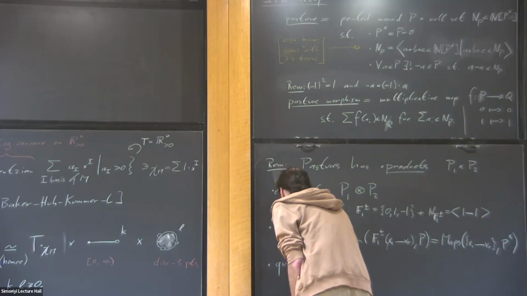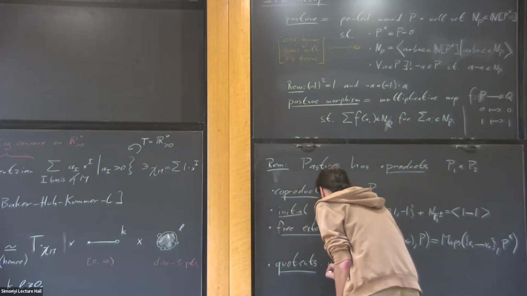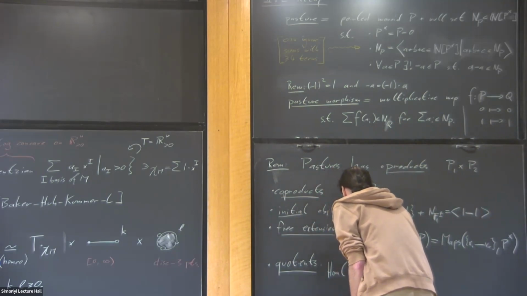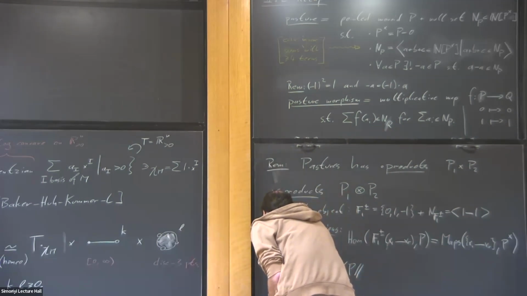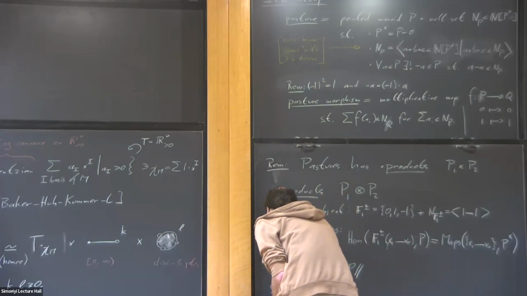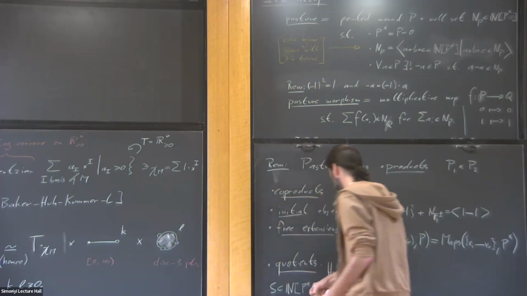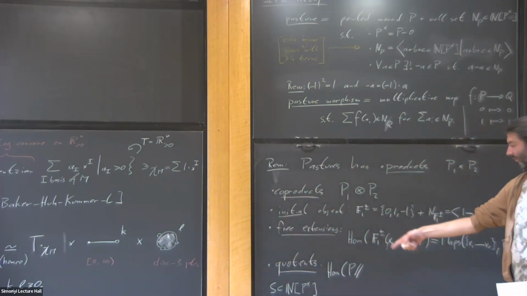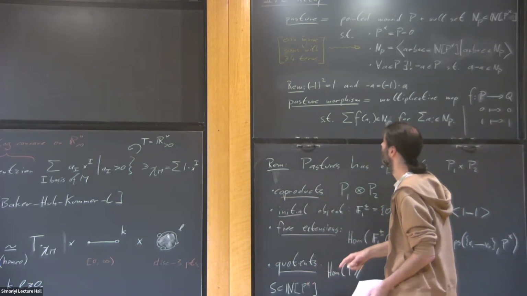And we can define quotients. They are characterized by the following universal property. The homomorphisms of a quotient. So I should say S is a subset of the group semiring, so these are kind of sums.